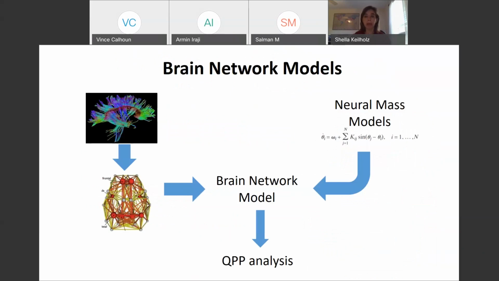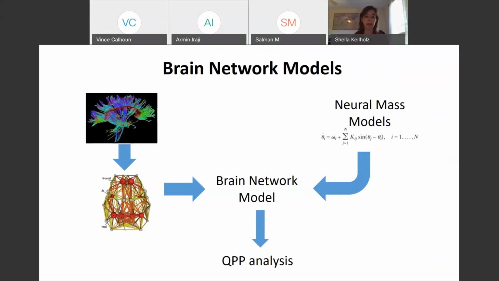To look at whether the structure really could give rise to these QPPs, we made a brain network model following years of literature from many people, including Gustavo Deco, Olaf Sporns, and Joana Cabral. Basically what you do to build these brain network models is you need some DTI tractography or some other measure of connectivity between brain areas.